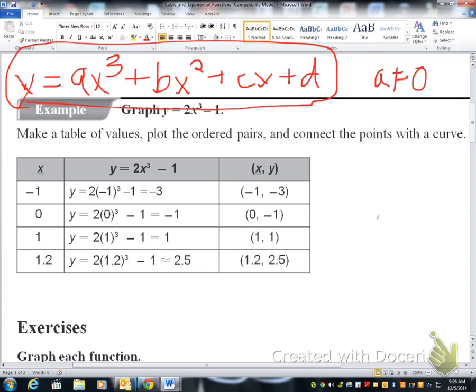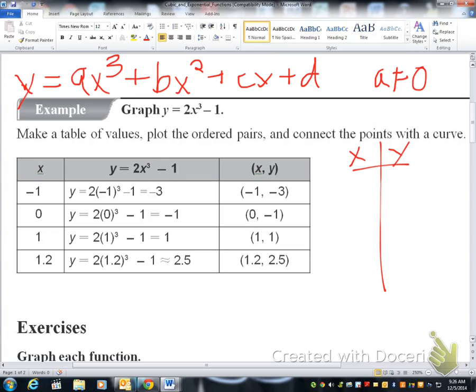All right, so here they give us an example. Here we're graphing 2x cubed minus 1. Y equals 2x cubed minus 1. We're going to do this the same way as we did the previous section, which is we're going to create a t-table. Now remember, when I make my t-tables, I don't put that in-between column.